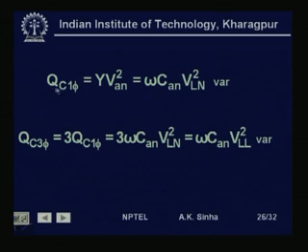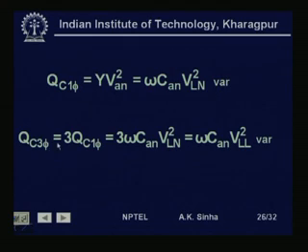So, for a single phase system, the charging reactive power supplied by the line is Y into VAN square, equal to omega CAN into VLN square volt ampere reactive.